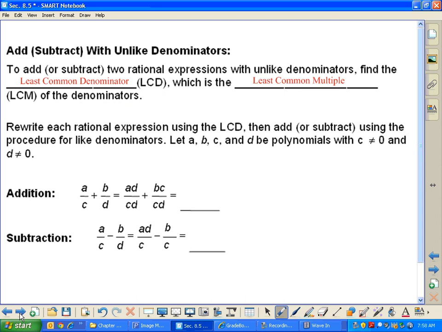Okay, so now we have to talk about when the denominators aren't the same. And you're going to see that to add or subtract two rational expressions with unlike denominators, step 1 is going to be to find that least common denominator. During Friday's lesson, we called it the least common multiple.